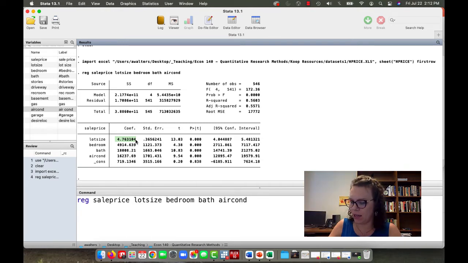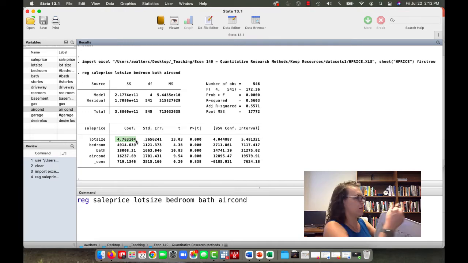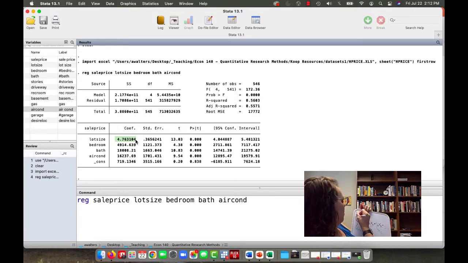And we can do this in another way to make it make even more sense. So let's say we have a house with some given sale price. It's California, so we're going to say it's a $400,000 house. And every house on that lot has 1,000 square feet, but one house has 1,001 square feet.